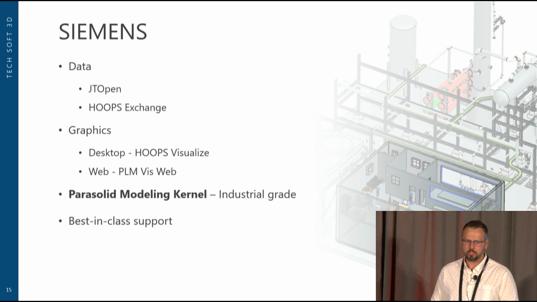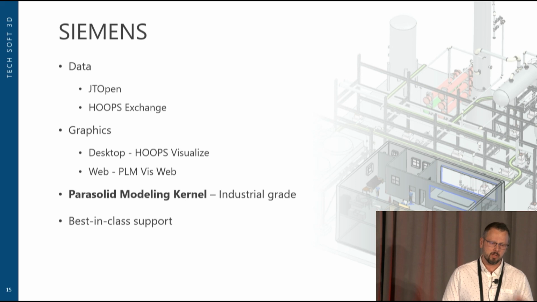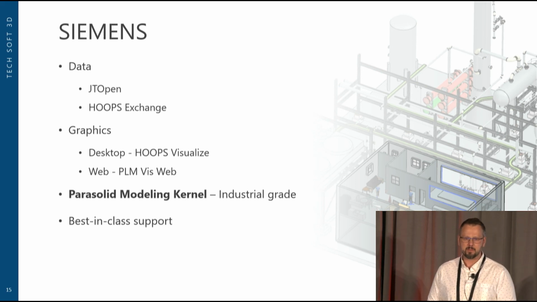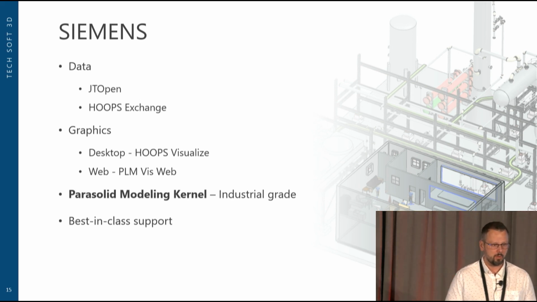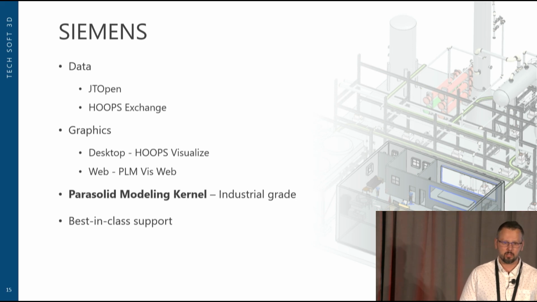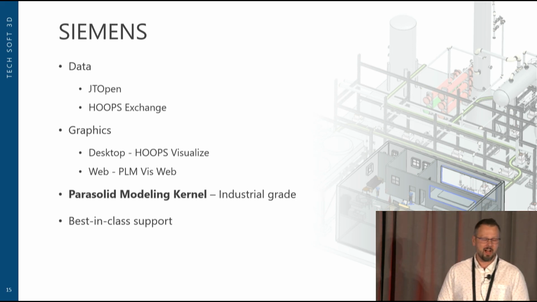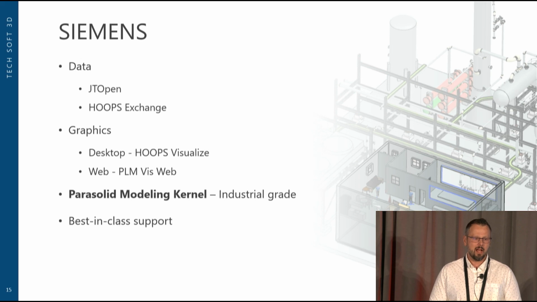Speaking of commercial modelers, Siemens is really the commercial modeler to use. Even though Dassault Systems and Spatial have the ASYS and CGM modelers, Siemens really seems to be the market leader commercially when it comes to having a modeling kernel. In fact, Bentley uses it under the hood for their modeling.